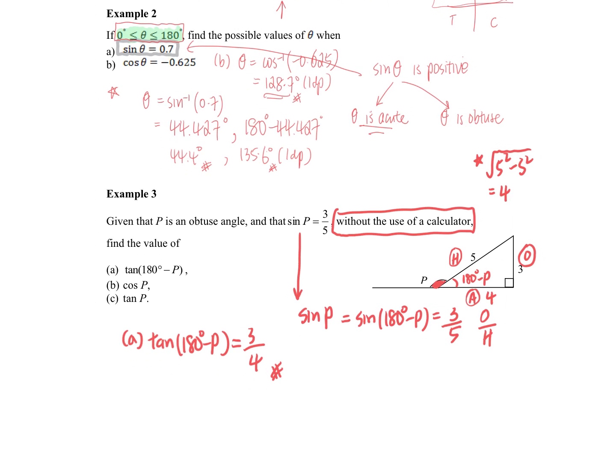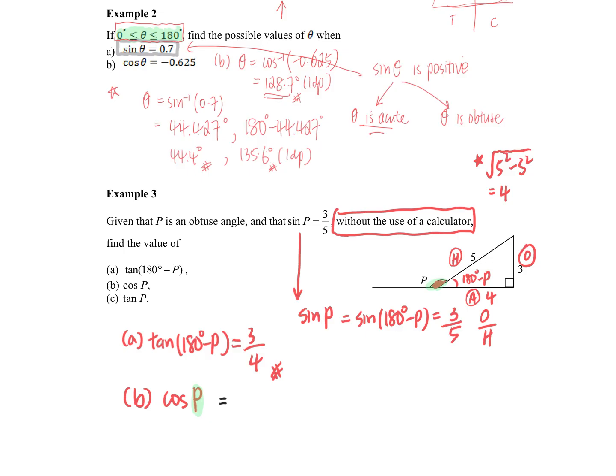Okay, next one. What about cosine P? So remember, this P that we are talking about is the obtuse one outside. So how is this related to the acute answer? Just now we said, right? From the first page, just now we had this: just add a negative sign in front.